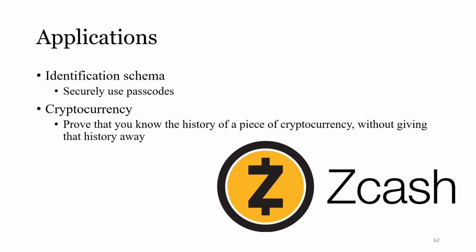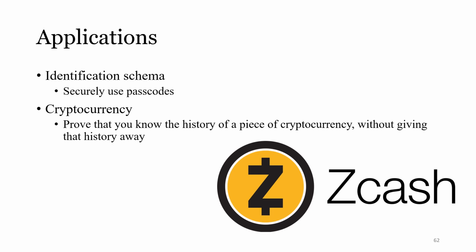And if you know much about blockchain, the way that blockchains remain consistent is that essentially everyone has that piece of information about the currency, and you can check it against many other computers and verify it. But that means that if I'm trying to privately send or receive money, then someone can go in and look at the history of that cryptocurrency and see that I spent it, and that's not very private.